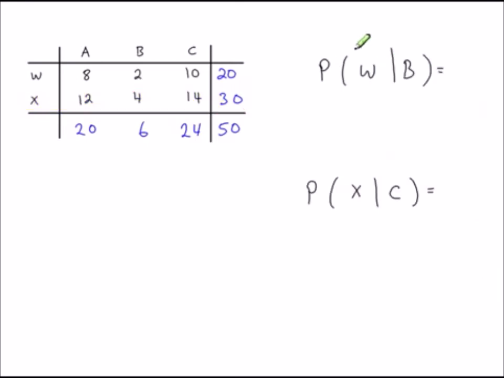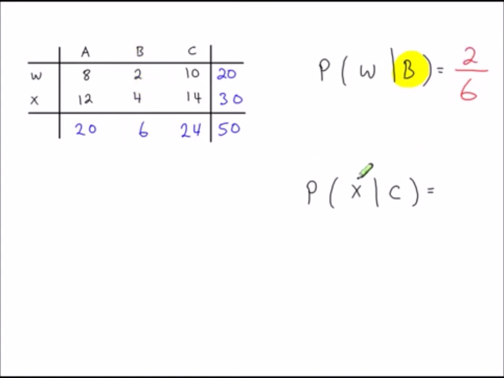The probability that event W happens, given that B has already happened, so let's focus on that B first. There. What's the total for event B? 6, which means this is something out of 6. Now look at event W. There's event W, it's in a row, and where do they meet up? On the 2.